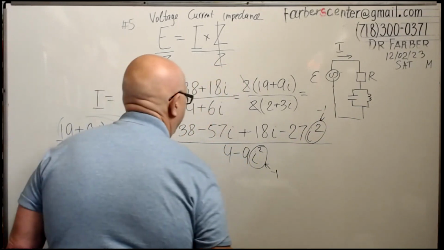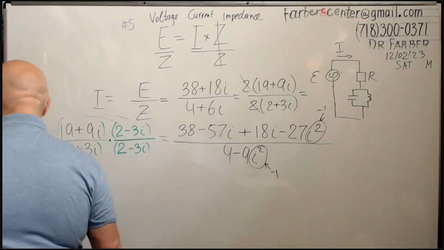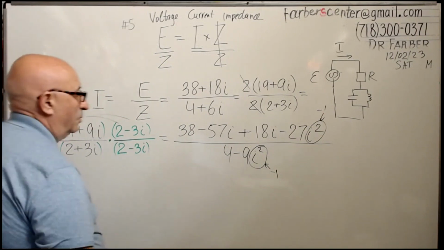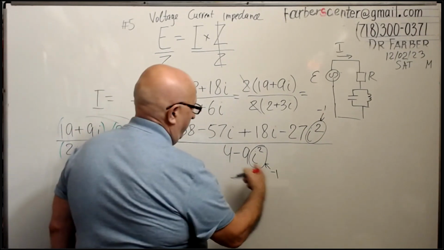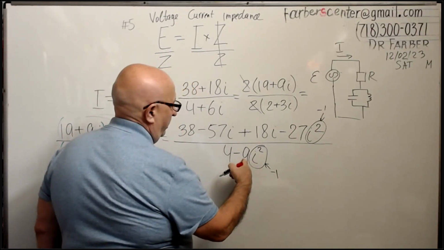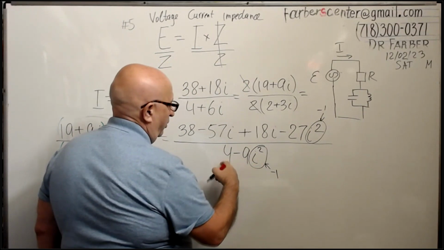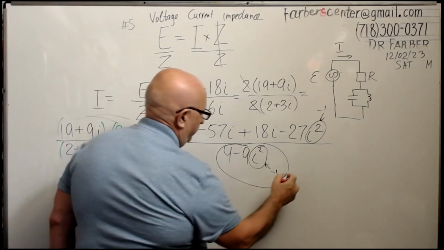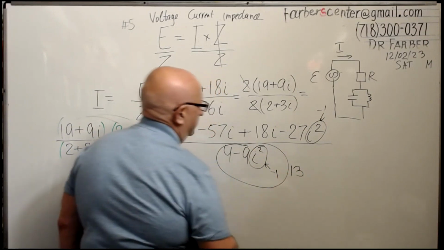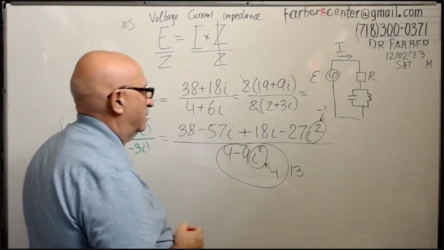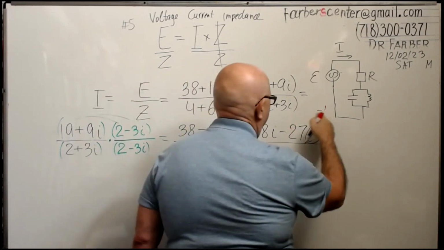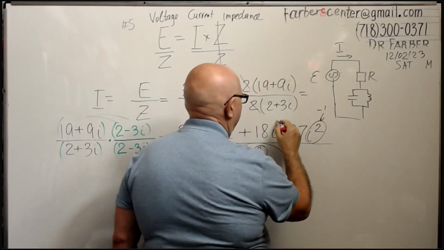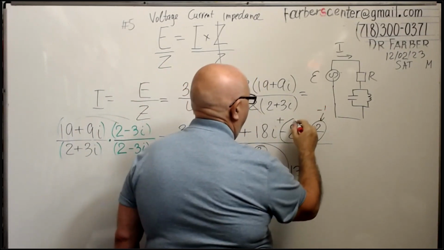Okay, I continue with it. Actually, if this is -1, it's like plus 9 plus 4. This is 13. I just want to save space. And this is -1 times -27, it becomes plus 27.